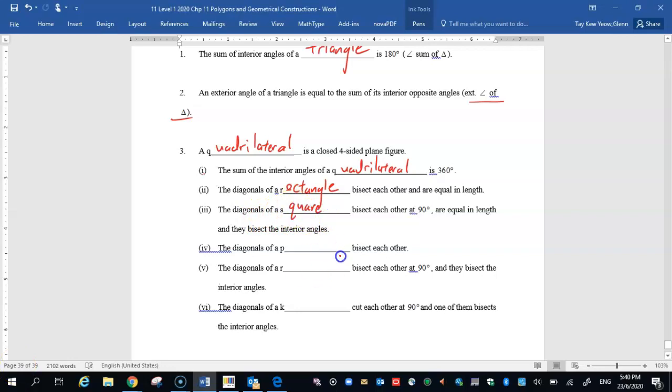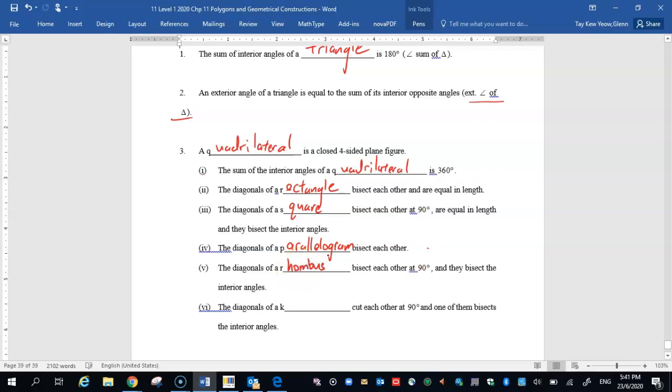Then the next one, the diagonals of a what bisect each other? In this case, it's a parallelogram. Then the next one, the diagonals of a what bisect each other at 90 degrees, and they bisect the interior angles? In this case, it's a rhombus.